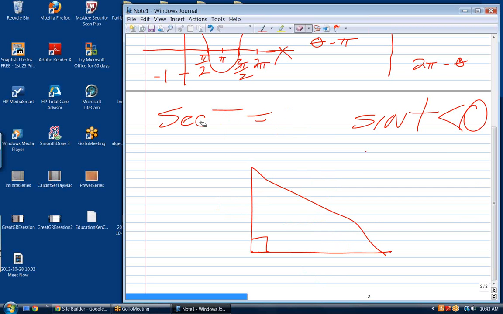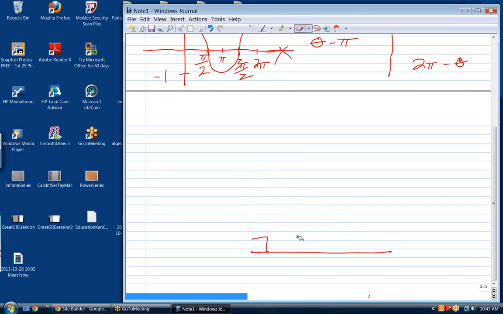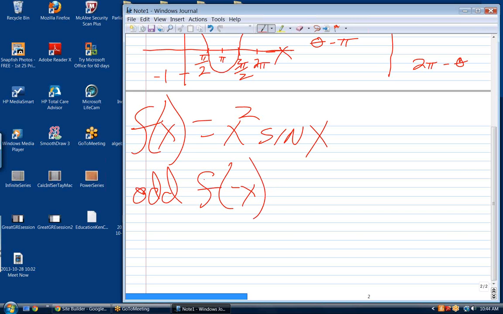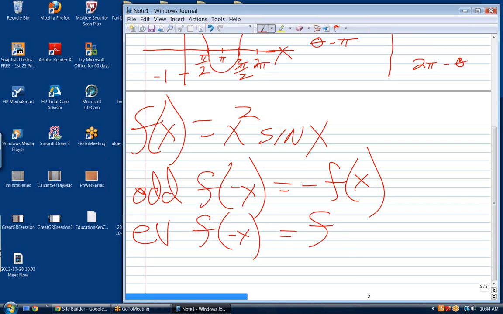This next one says, determine whether the function is even, odd, or neither. First one is x squared sine x. Remember how we figure out whether a function is odd, even, or neither? Odd means f of minus x has to equal minus f of x. Even means f of minus x equals f of x.